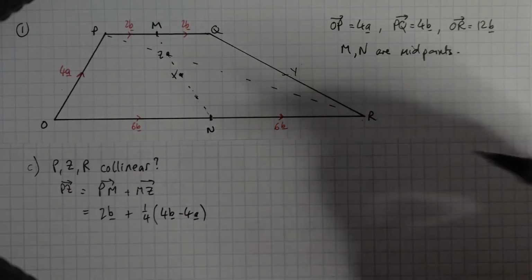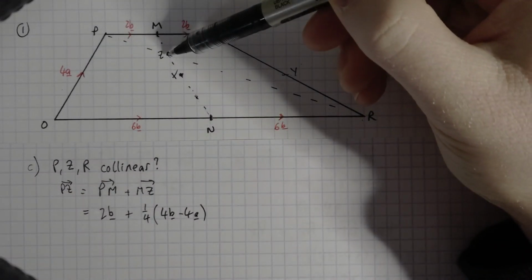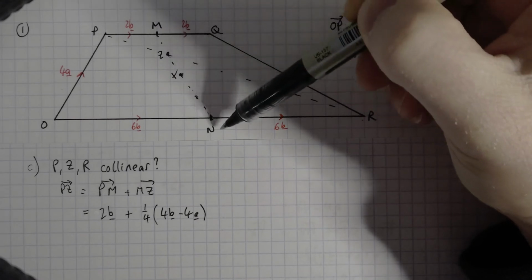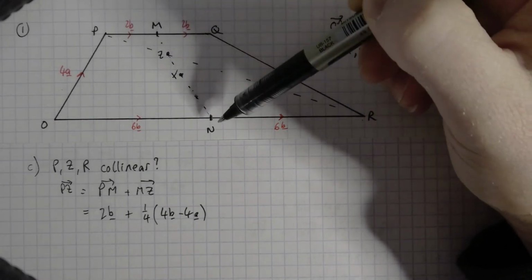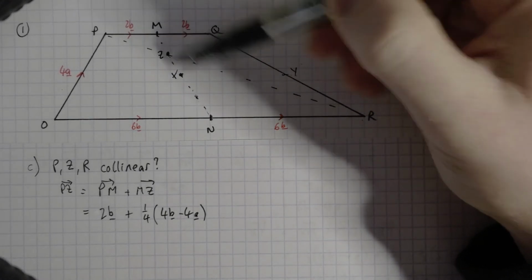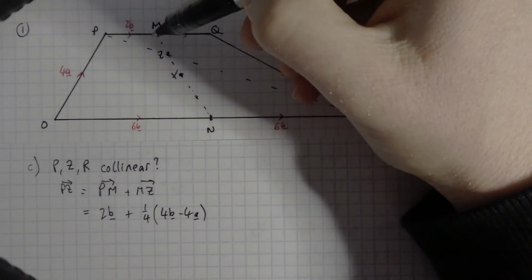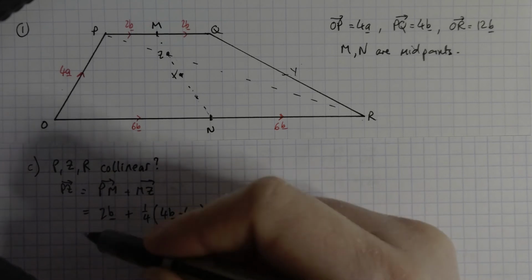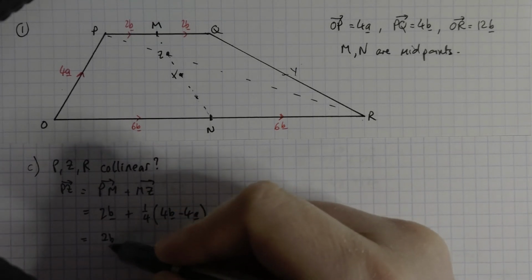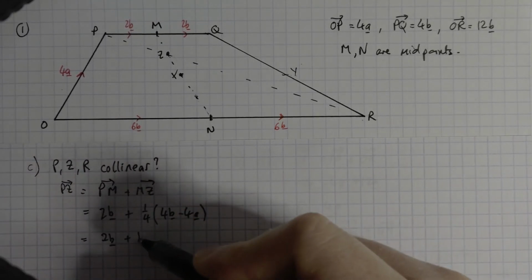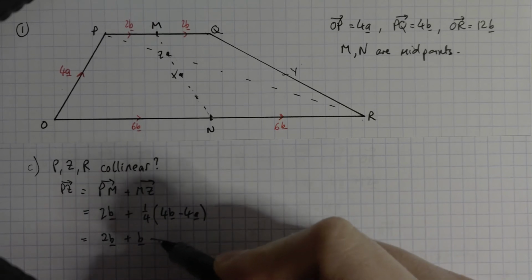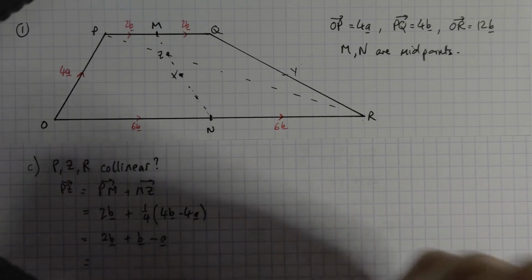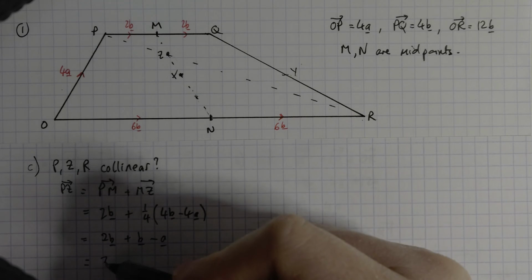Okay, it's 1/4 because if Z splits the line in the ratio 1 part to 3 parts, then the whole line is 4 parts, isn't it? 1 part there, 3 parts there, 4 parts in total. So the little jump from M to Z is 1/4 of the whole jump, M to N. Let's simplify this then. So 2B plus, that's 1B, and that's minus 1A. I make that 3B minus A.